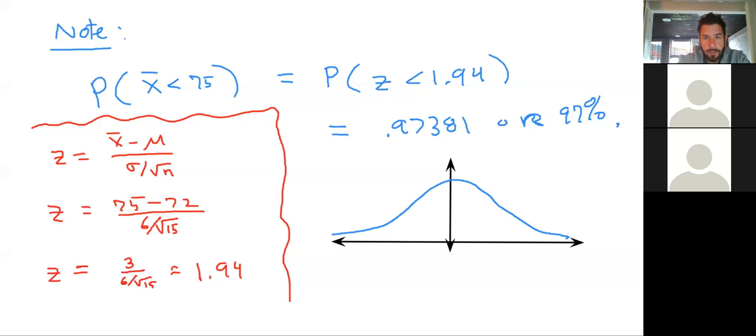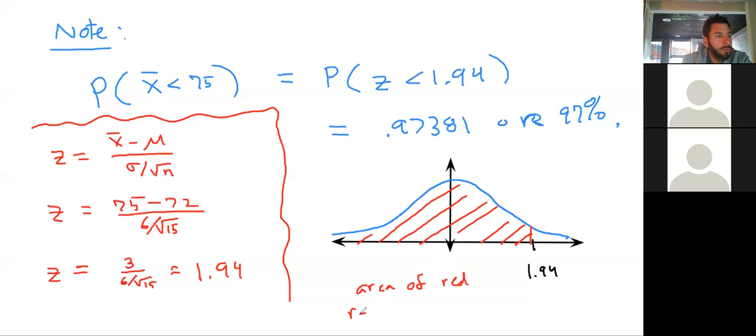And we have this value z, which is 1.94. What we're saying is that the area under the curve up to this point, now this is a sketch, it's not completely accurate, so the area of the red region is 0.97381.